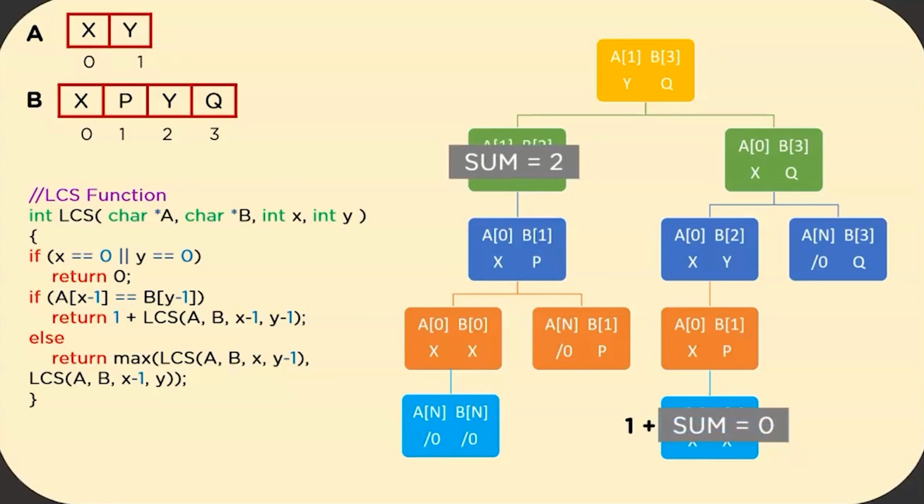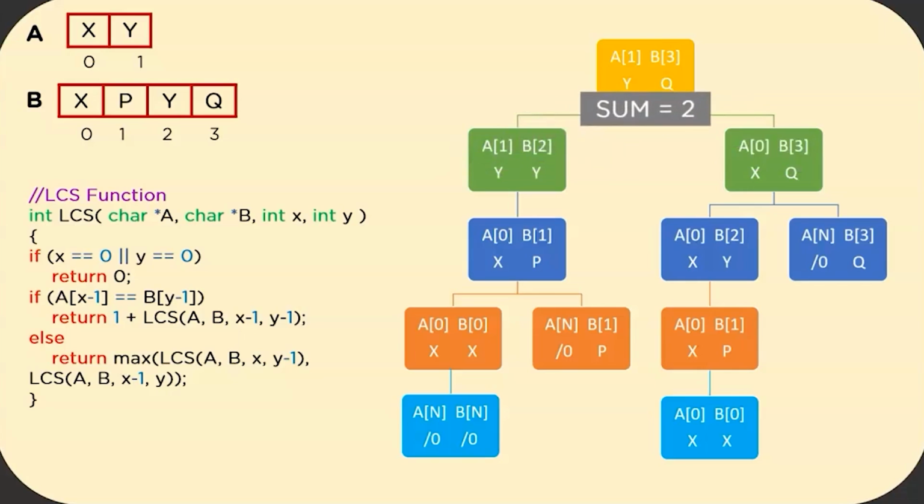Whereas for the right side, the sum will become 1, as there is only one match. Now, the side which has the maximum sum value will be returned as the result of this LCS program, which will be 2 in this case. The complexity for this recursive LCS program will be 2 to the power n.